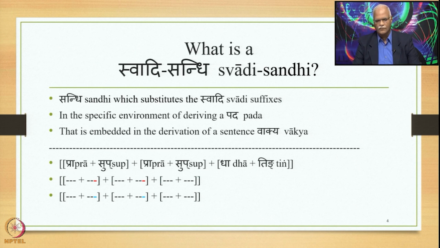So, if we consider this as a generic template of the sentence representing the earlier mentioned specific form of a sentence, we see that the right hand side, which is a pratyaya, which is a sup pratyaya over here, has got a final element which comes into contact with the first element in the second pada. This is the prakriti element.